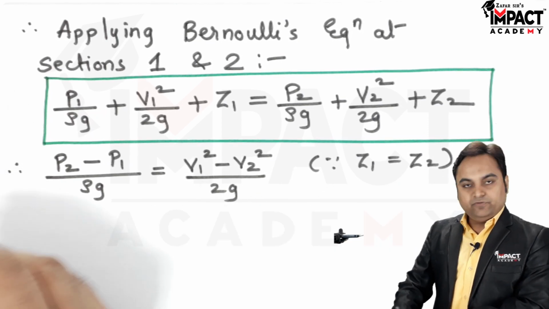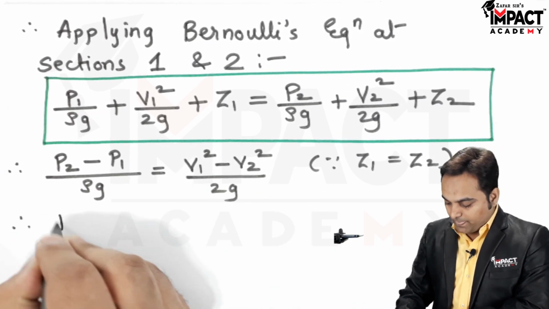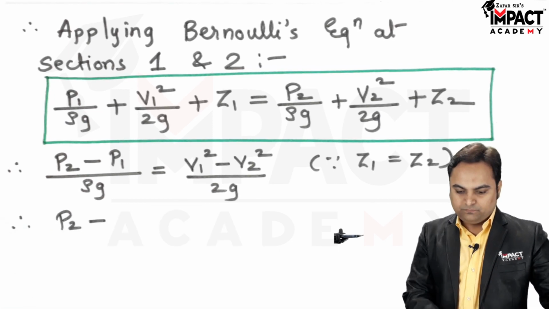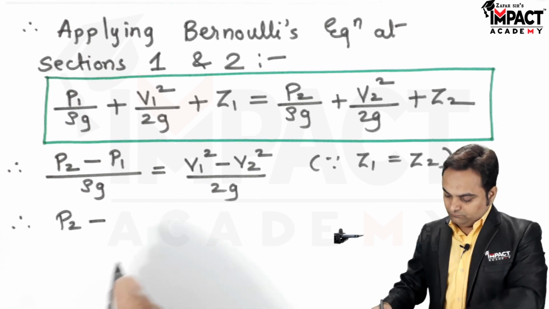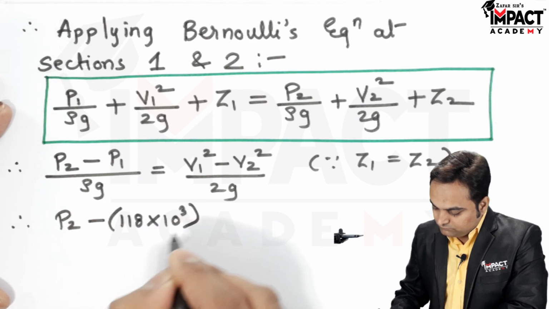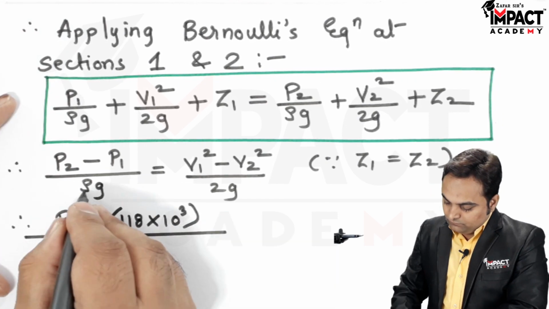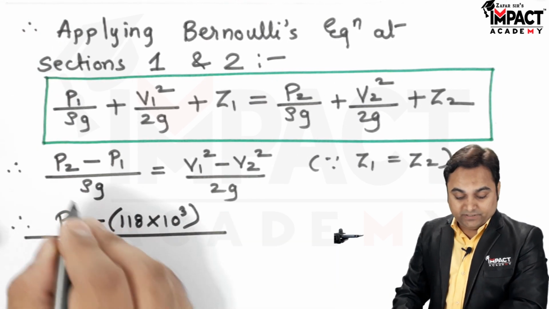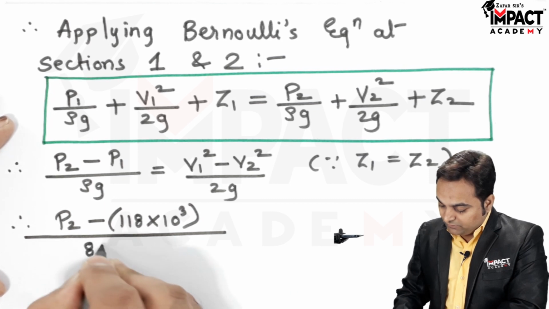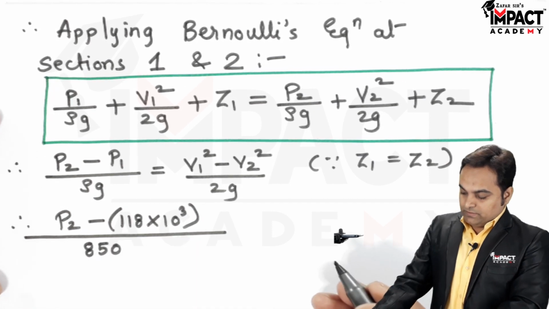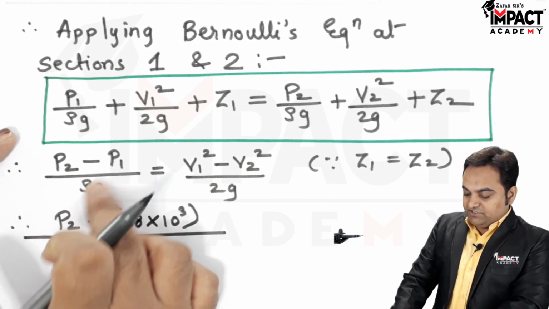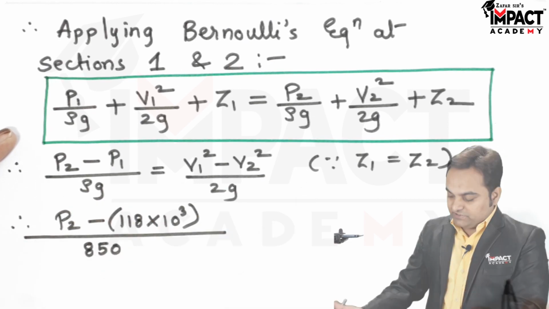I'll quickly put the values and get the answer of P2. The density of the oil, it is 850, already calculated in the data. And we can also see that g and g will get cancelled out from both the sides.